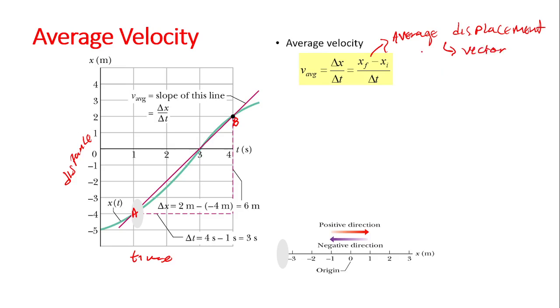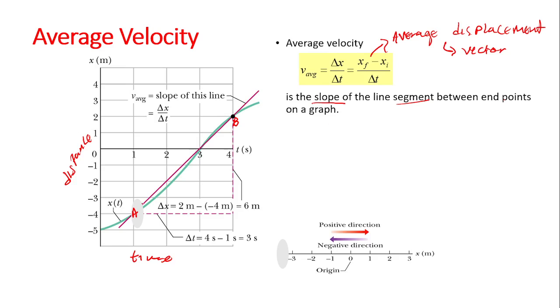In as much as you solve, make sure that you consider the direction. We'll look at that more. Now, like I have already said, the average velocity is the slope of the line segment between the endpoints on the graph.